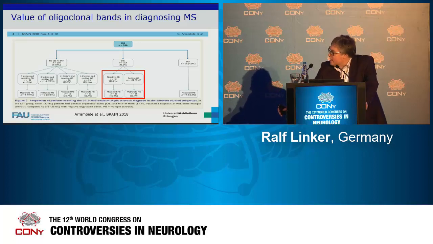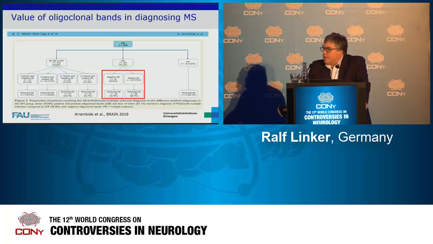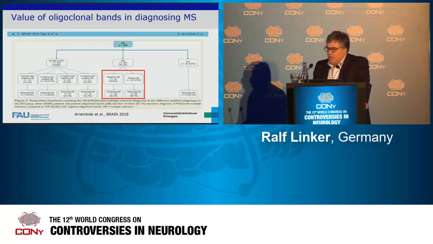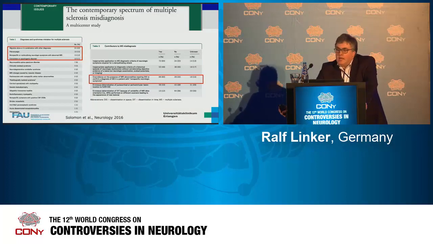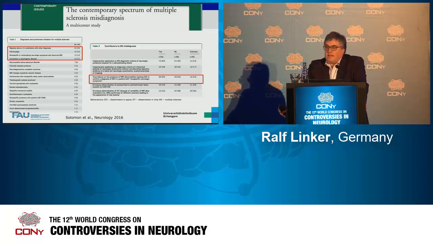Well, you can see that although the number is large in that study, the individual subgroups are not that big, so that probably remains to be further studied in really multi-center cohorts. So it probably may be one point of discussion in a minute. So why do we have that issue at all?